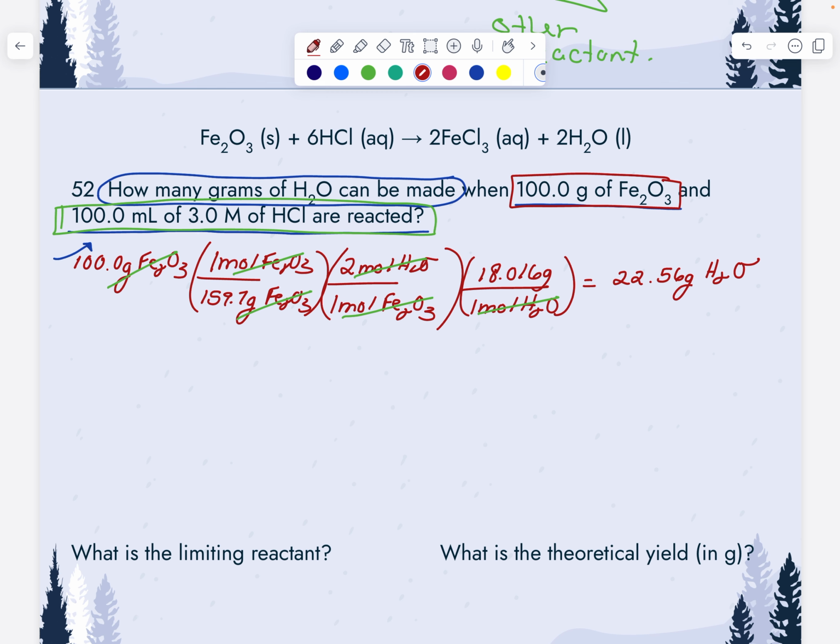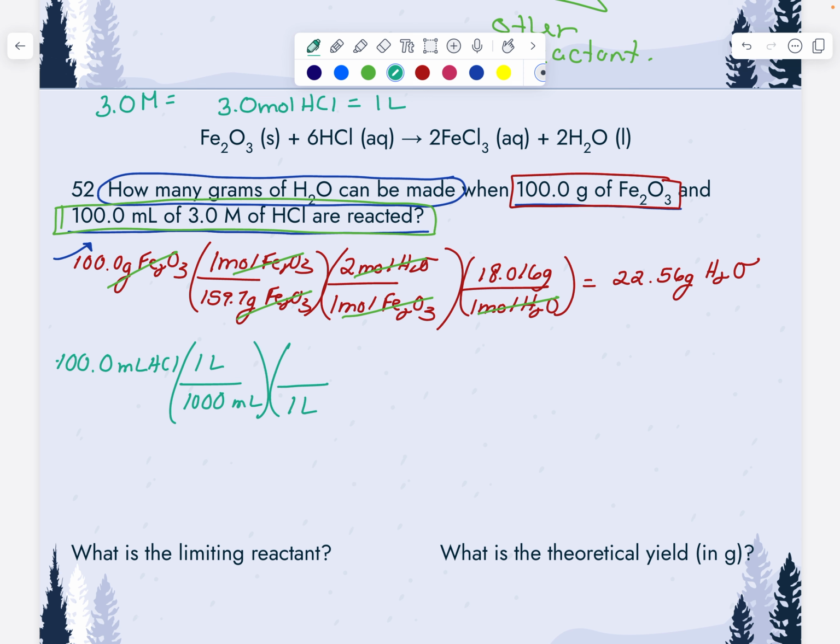So that's saying if I use up all my iron 3 oxide, I can make that much water. Now what about if I use the other reactant, 100.0 milliliters of HCl? The first thing, I know molarity. Anytime I see molarity, I know that I can change that to 3.0 moles, and that's how many moles are in 1 liter of solution. So I take that 100 milliliters and convert it into liters.